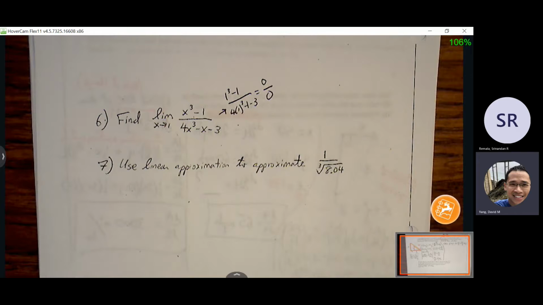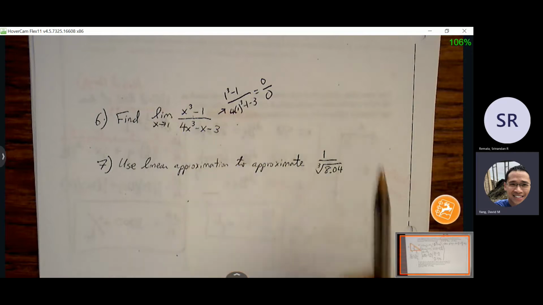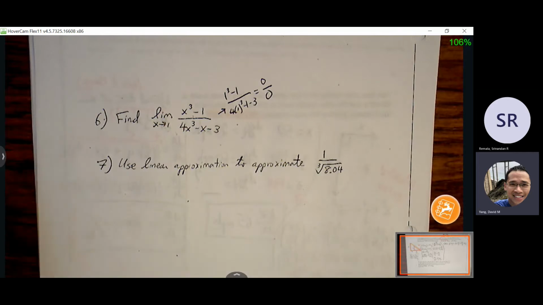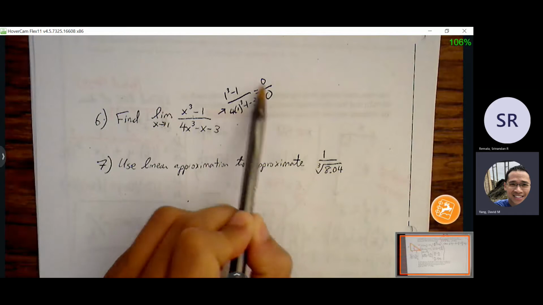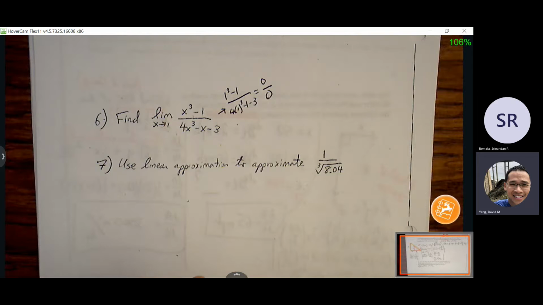L'Hopital's rule is now going to come into play. This is a tough problem to factor, so really relying on L'Hopital's rule. And moving forward, if you see a limit problem, after you confirm 0 over 0, I would say for a lot of students, L'Hopital's rule is going to be an easy first option to go after.